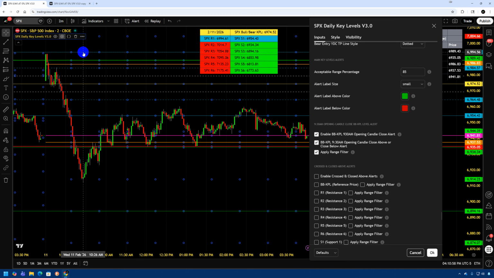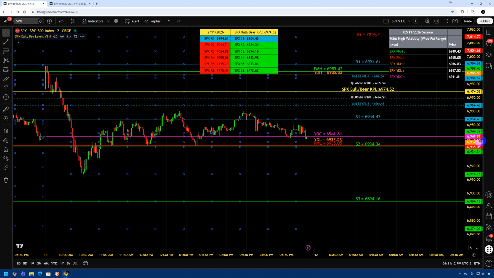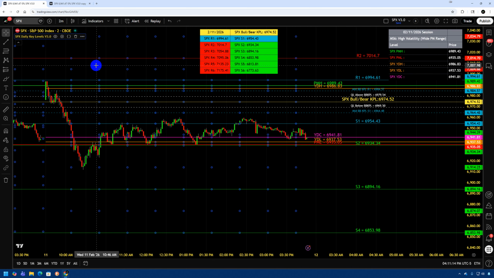And then you have to think of the reward. The reward on a scalp is just going to be hitting the R1 level, and on a regular trade, it would be the 1.5 minimum level threshold, which would be from the BBKPL level, mid R1, R2.